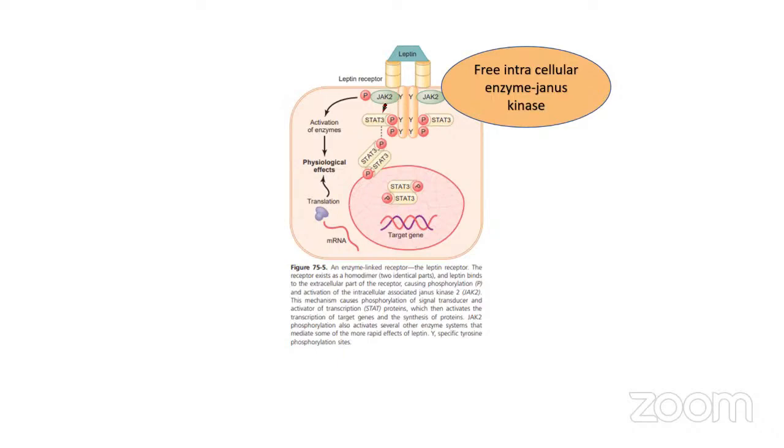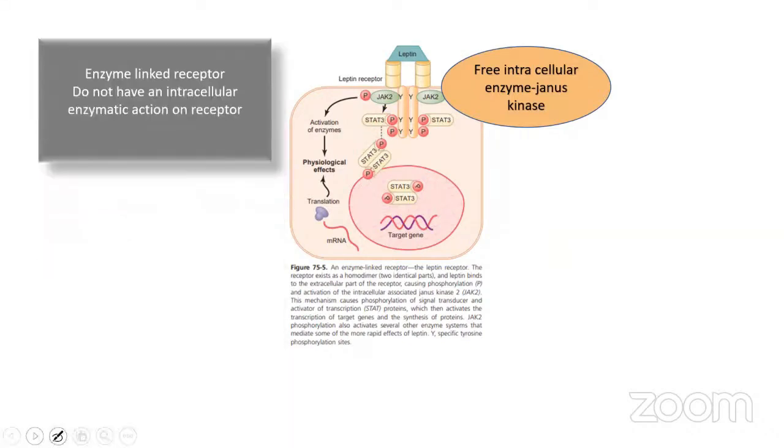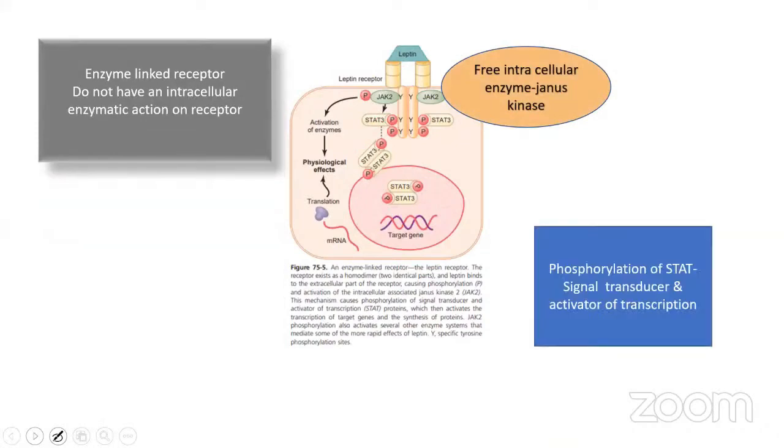This Janus kinase can again phosphorylate STATs. STATs means signal transducer and activator of transcription. So STATs are activators of transcription. Whenever the STATs are activated, they can directly activate the genes for transcription. So this is the JAK-STAT pathway.